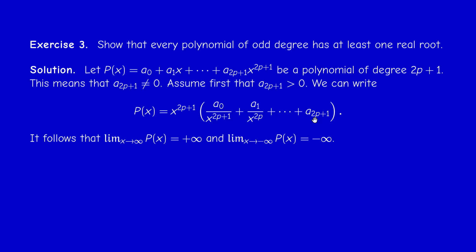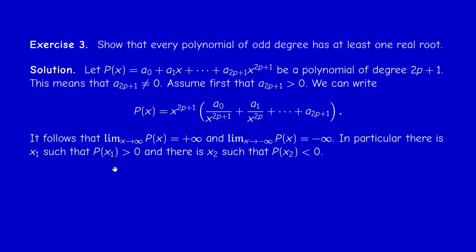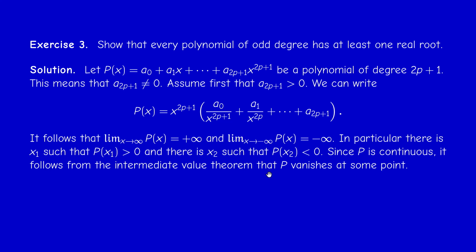So in particular, p(x) is positive for some value x1, and negative for some value x2. So by the intermediate value theorem, p vanishes at some point between x1 and x2, or x2 and x1.